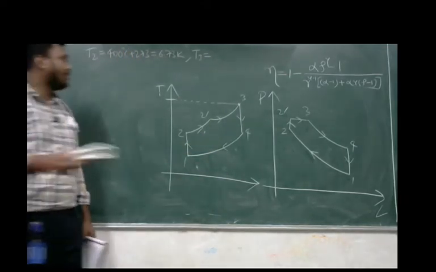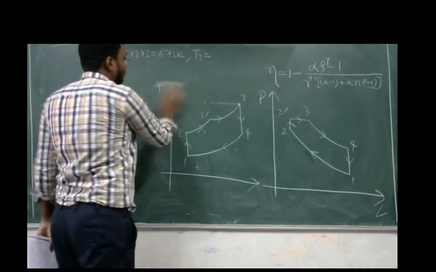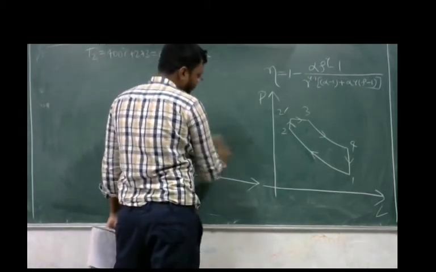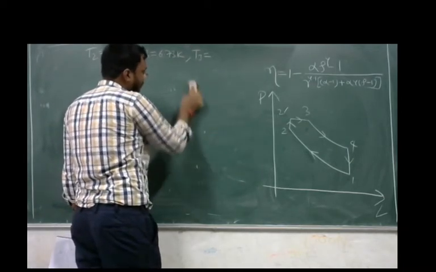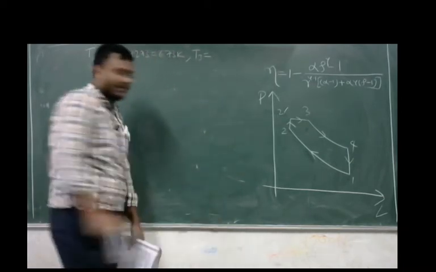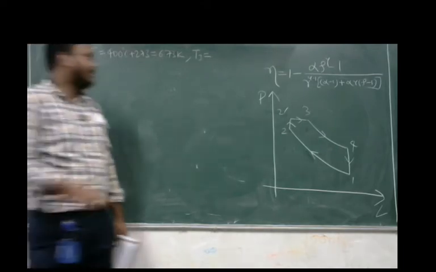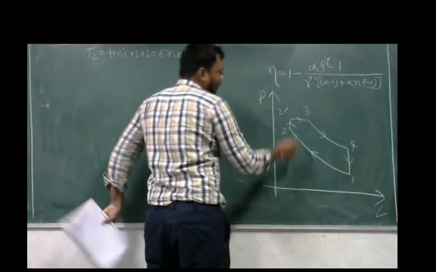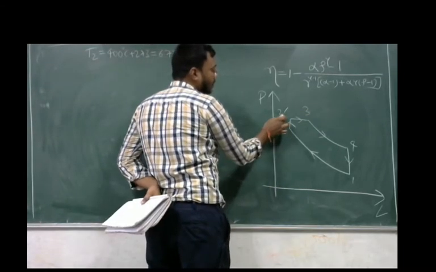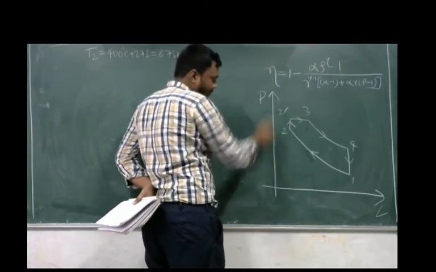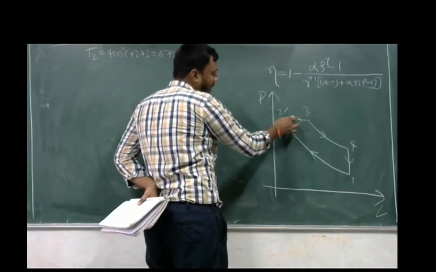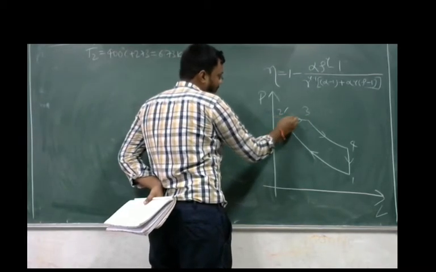That's why I am saying that maximum temperature means the temperature T3. If you look at the PV diagram, you may think the temperature at 3 and at 2 dash will be the same, but it is not like that. It is the pressure axis, so at points 2 dash and 3 the pressure will be the same, but the temperature will not be.